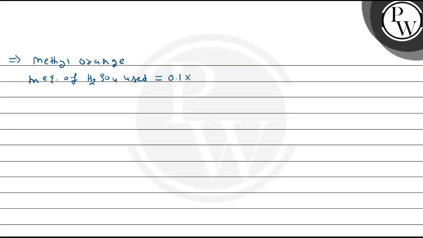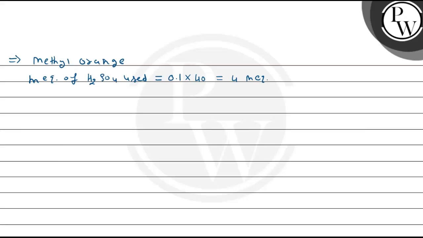Now we have to multiply it by the volume and it is 40 ml. If we are using the volume in milliliter, then we will get 4 milli equivalent mass from here.